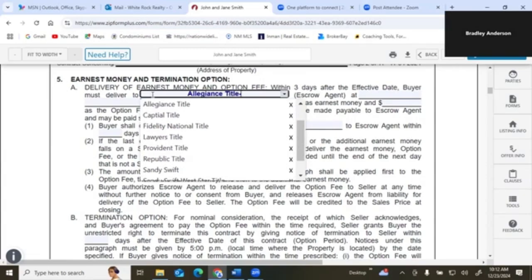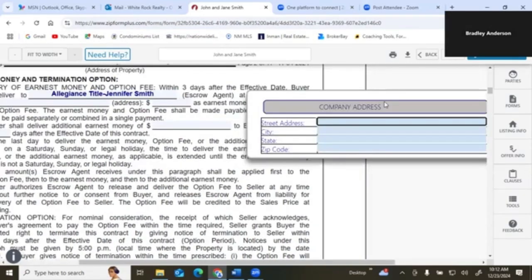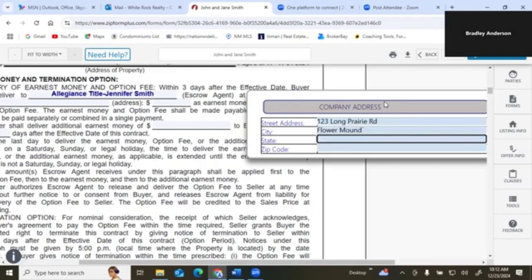Allegiance title, let's just say as an example, Jennifer Smith is the escrow agent. Okay. And then here would be the address. And the zip code.